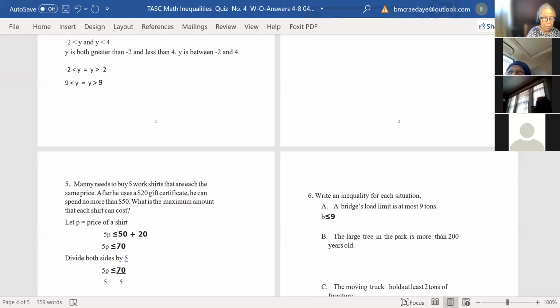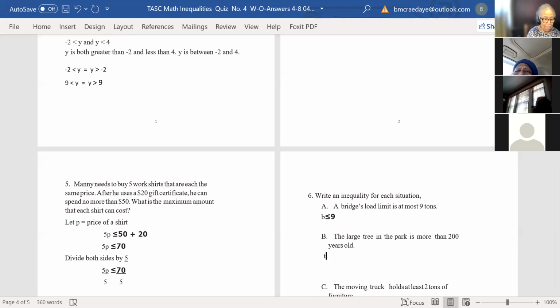Put T for tree. So I put T, and what's the inequality symbol? More than. So what do I write?